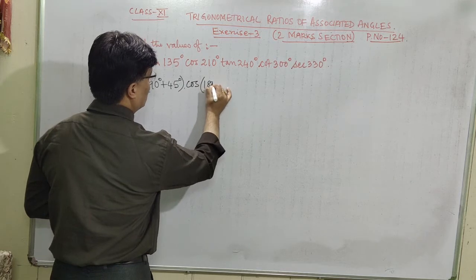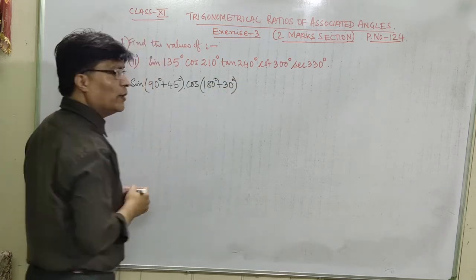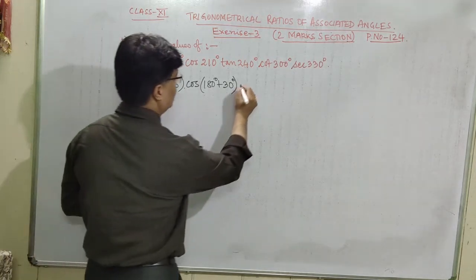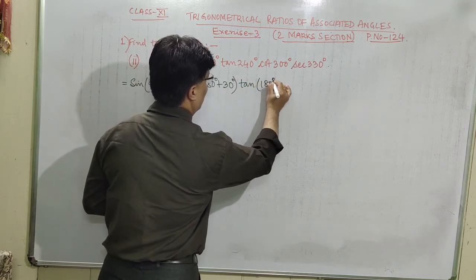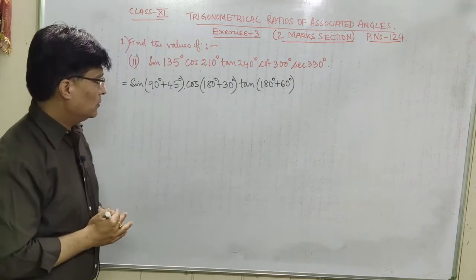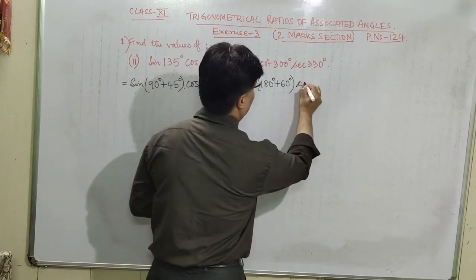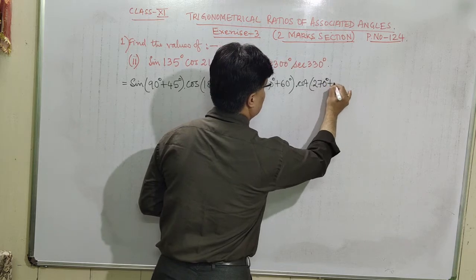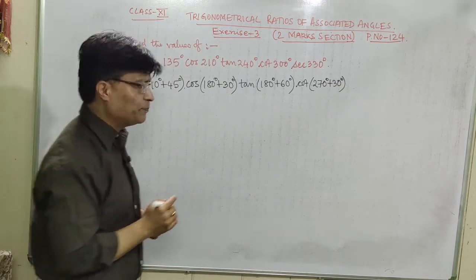You may write 180 degree plus 30 degree, or you may write 270 minus 60 also. Tan, how will you write 240 degree? You may write 180 plus 60 degree, or 270 minus 30. Cot, how will you write 300 degree? You may write 270 degree plus 30 degree, or 360 minus 60 also.